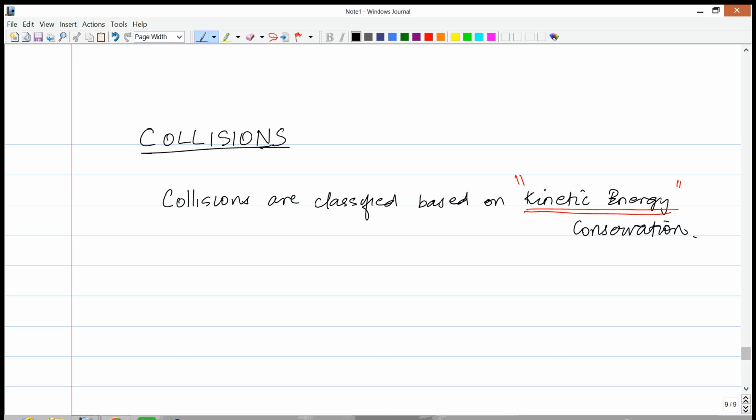Okay, so let's look at the two ways. If KE is conserved, which means the kinetic energy before a collision is equal to the kinetic energy after a collision, then the collision is elastic.